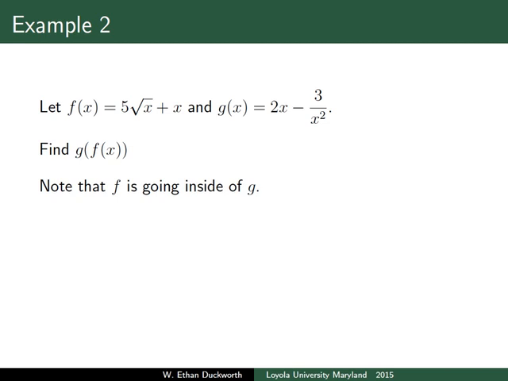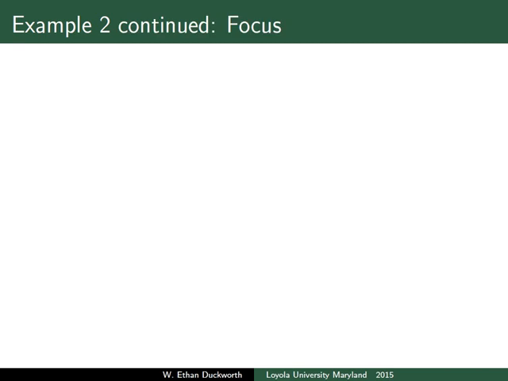Let's do it the same way. Let's start by focusing on the formulas. So we focus on the first formula, 5 square root of x plus x. And that's the one that's going to go inside. There's the second formula. I'm going to take the first formula, so I circle it. I'm going to put little parentheses around each x in the second formula to make a little room.